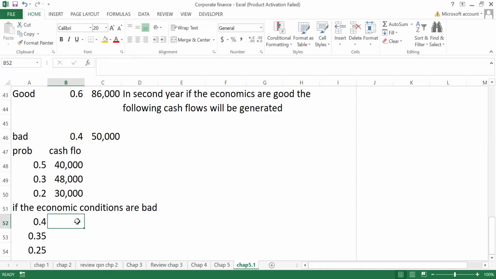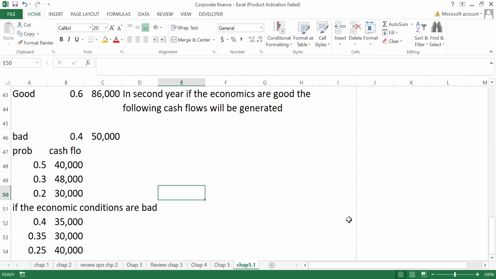These are the probability. Then the cash flow, you can have 35, can have 30, they can have 40, say.